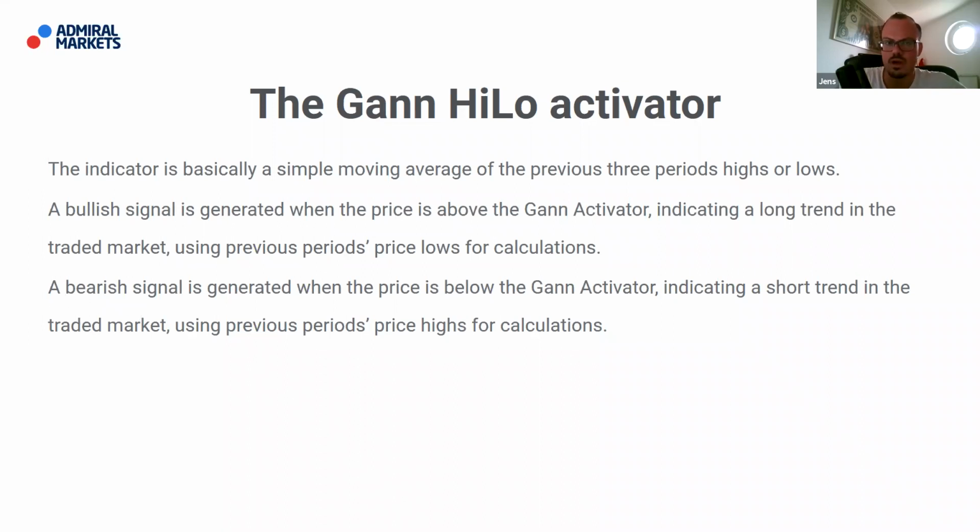A bearish signal is generated when the price trades below the Gann activator, indicating a short trend in the traded market using previous periods' price highs in this case, since we're talking about falling highs. So a short sequence you get once you have falling highs and falling lows, where each high is lower than the previous one. And this is how the Gann HiLo activator is calculated.